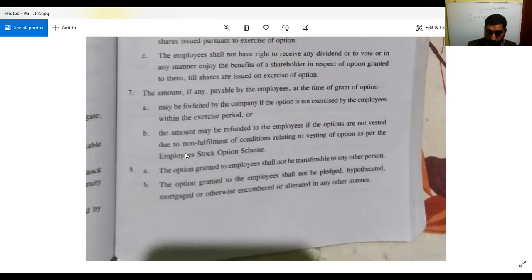Option granted to the employees shall not be transferable to any other person, as also option granted to such an employee shall not be pledged or hypothecated or mortgaged or otherwise encumbered or alienated in any other manner.